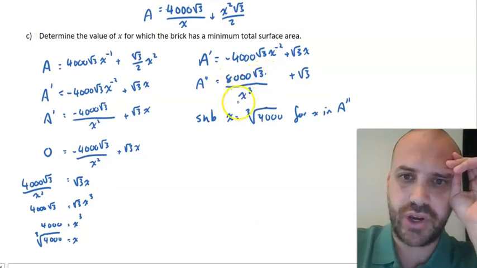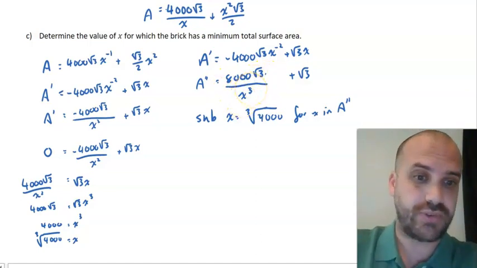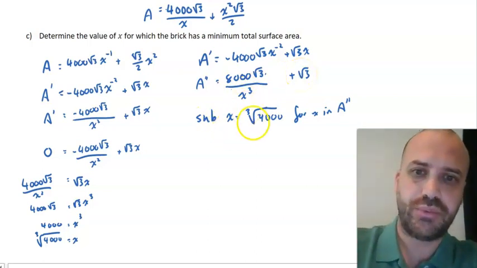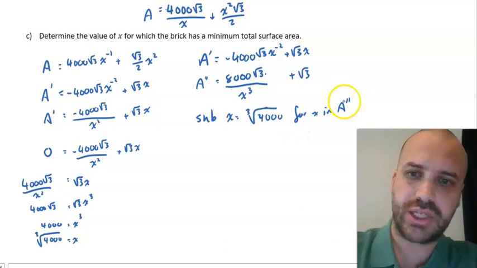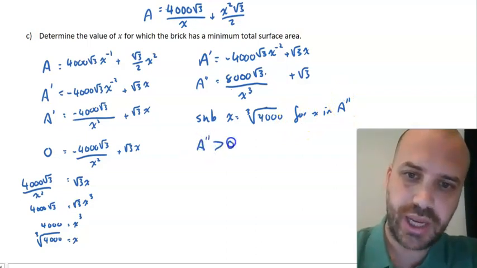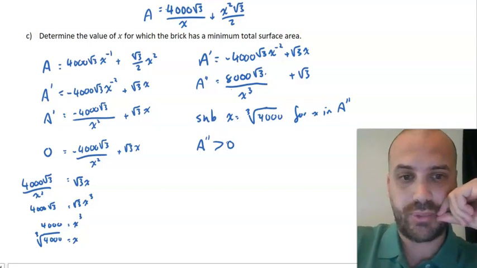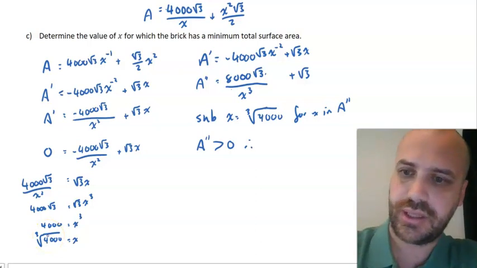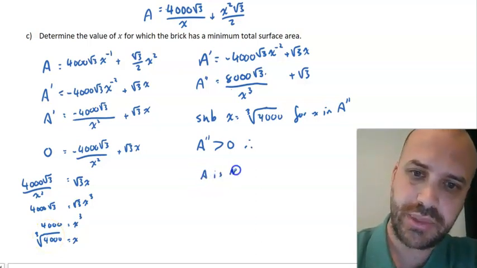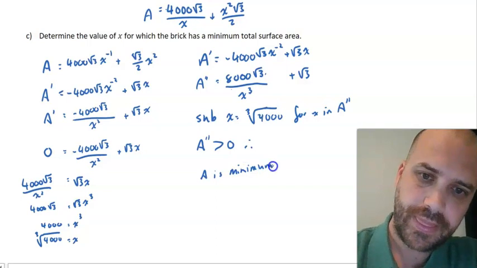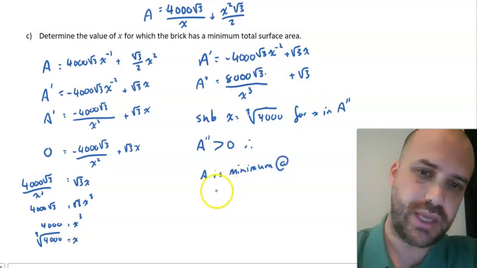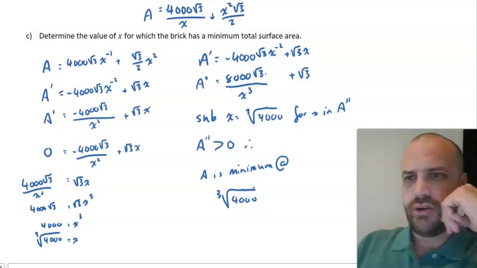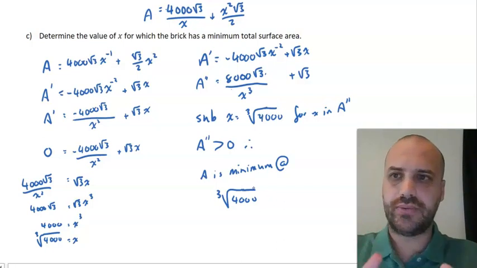A positive number divided by a positive number is a positive number, plus a positive number. Sub x equals cube root 4,000 for x in A double dash. We know that A double dash will be greater than 0 at that point. Therefore, A is minimum at the point we just mentioned, the cube root of 4,000. All right, I think I'm done there.